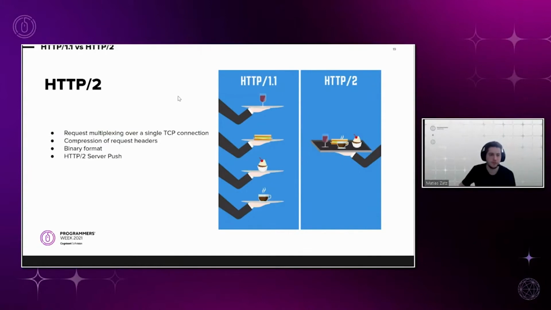Some characteristics about HTTP2: it supports request multiplexing over a single TCP connection. We're going to see that now. It supports compression of request headers, as I said, and it uses binary format as the default data serialization. And also HTTP2 supports server push. That's another major change from HTTP1.